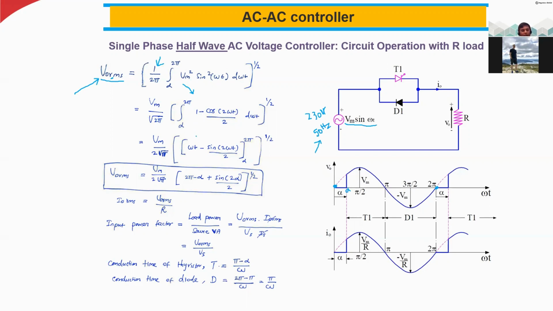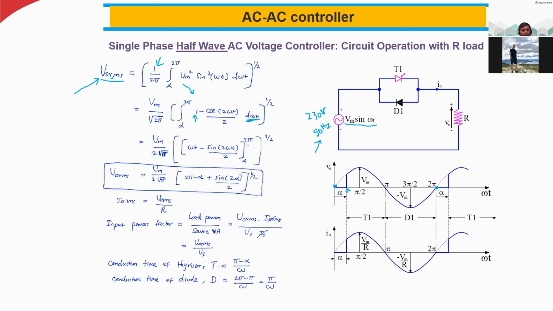First of all, you have to do this integration. When you integrate the constant, it becomes omega t, with respect to omega t. So omega t minus, cos becomes sine, so sine 2 omega t divided by 2, with the same limit, alpha to 2 pi.